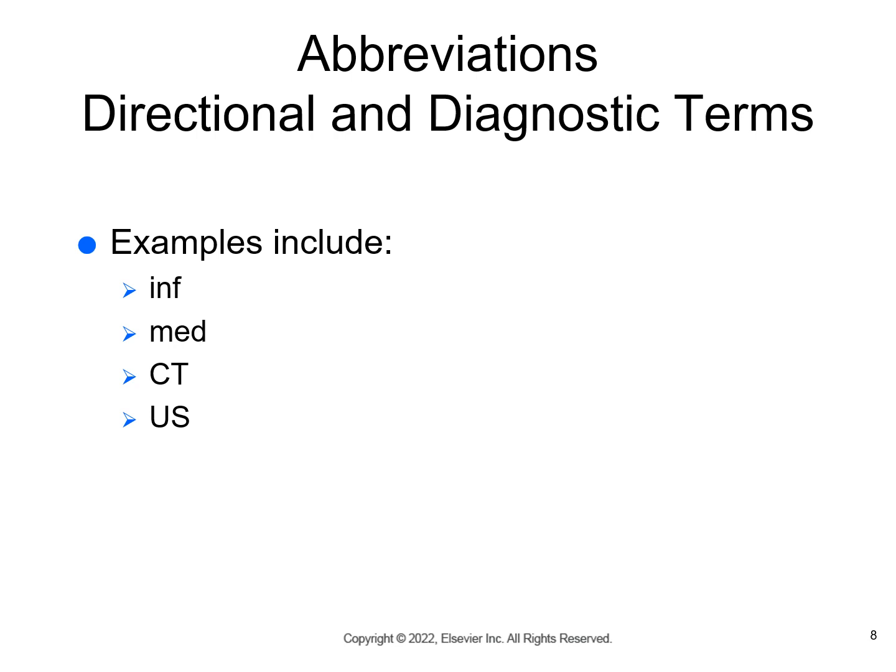And some abbreviation examples include INF, which means inferior, MED, which means medial, and that also refers to the median when we talk about medial. CT is computed tomography, and US is ultrasonography. And these, again, especially these last two, are pretty commonly used.